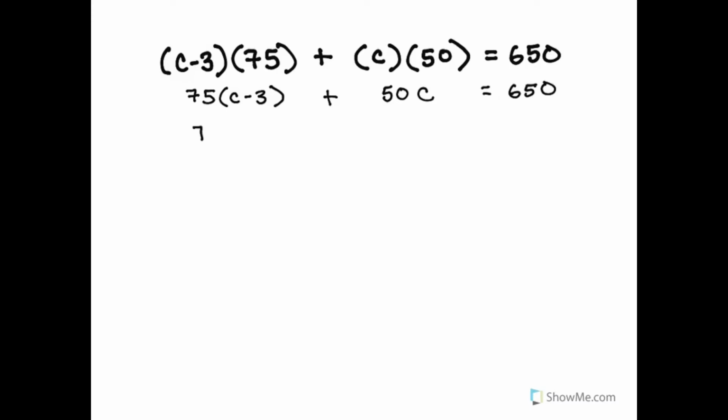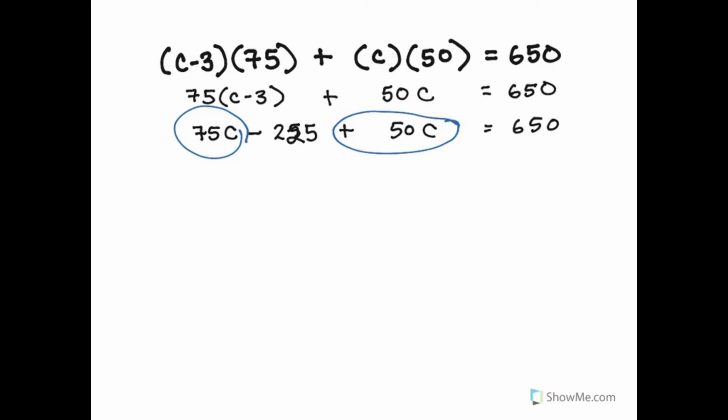If we distribute 75, we have 75C minus 3 times 75, which is 225, plus 50C equals 650. Let's gather the like terms. 50C and 75C is 125C, minus 225 equals 650.